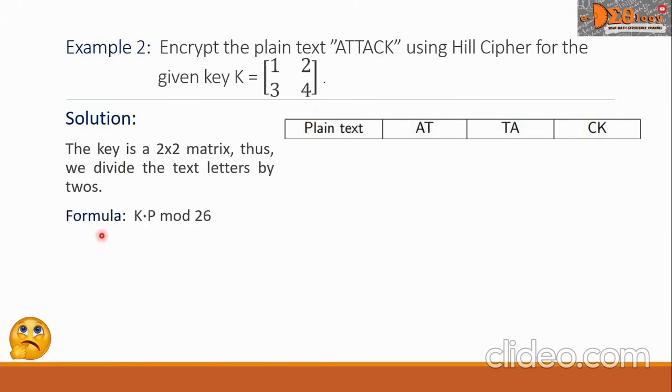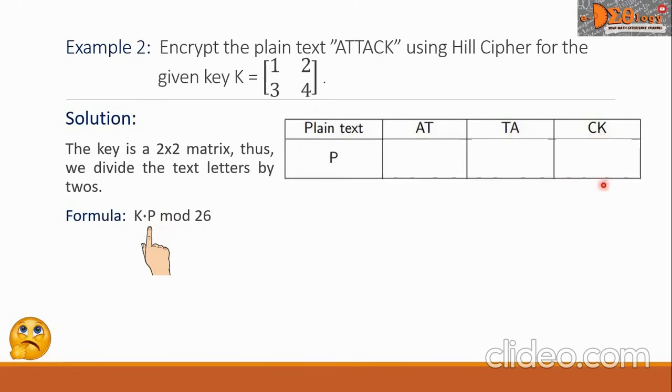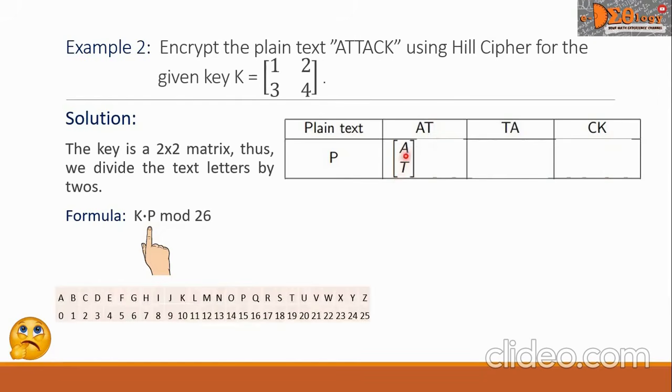Then we write here the formula K times P mod 26. Let's begin with identifying the P value for the 3 groups. Let's begin with AT. First we write it as a column matrix, then we write the corresponding numerical value for the letters using this table.